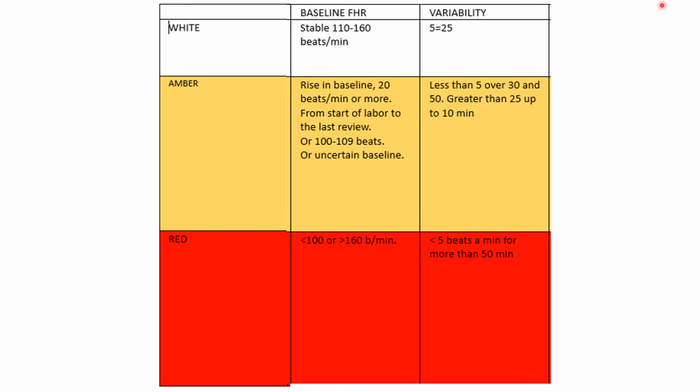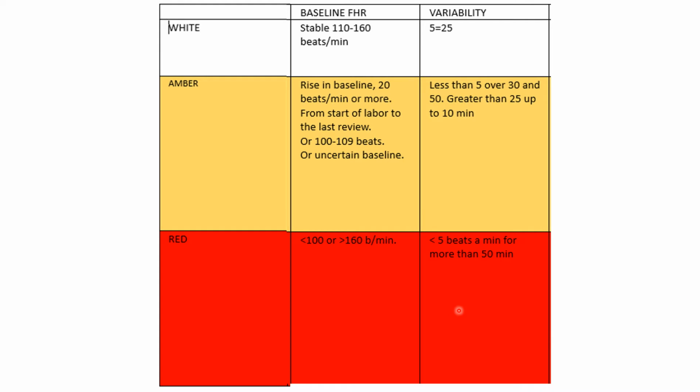So the categorization of the fetal heart rate variability is done as follows. If the beats are fluctuating 5 to 25 around the baseline, this is normal variability, and it is categorized as a white signal. However, if the beats are less than 5 for over 30 to 50 minutes, or if they are greater than 25 for up to 10 minutes, then it is indicated as an amber signal.